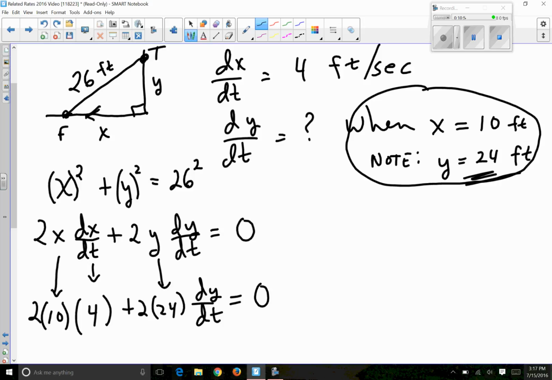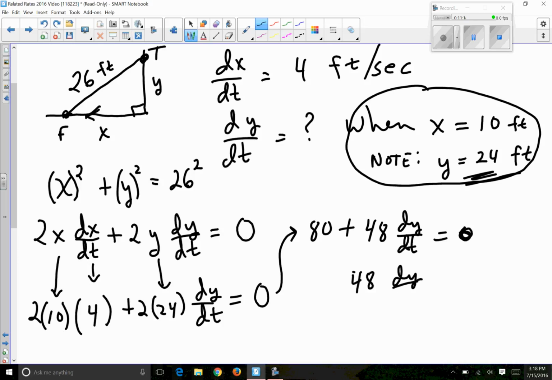After the step called plug in numbers, we solve for dy/dt. So 80 plus 48 dy/dt equals 0. 48 dy/dt equals negative 80. dy/dt equals negative 80 over 48, or negative 5 over 3.